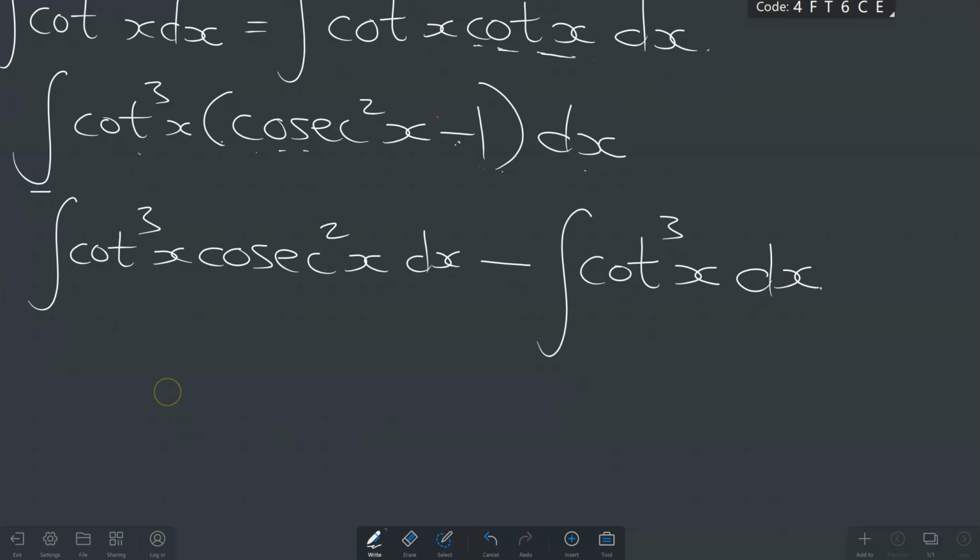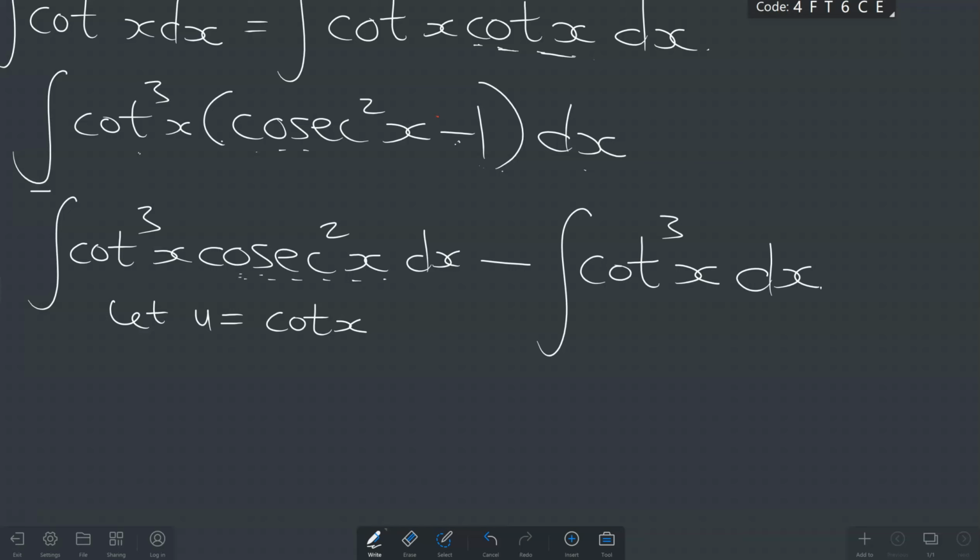Next, for the first part, we will use u substitution. Let u equal cot x, because we know its derivative gives us minus cosec squared x, which is similar to what we have.